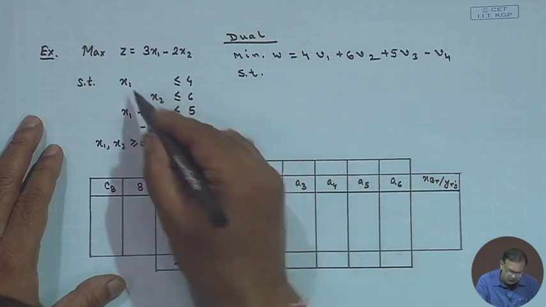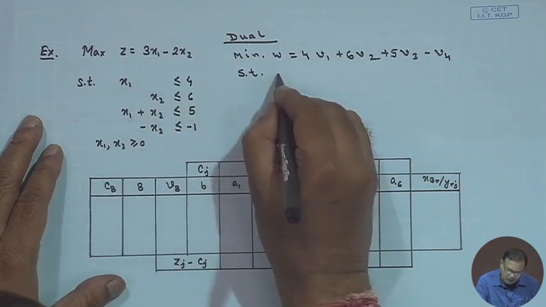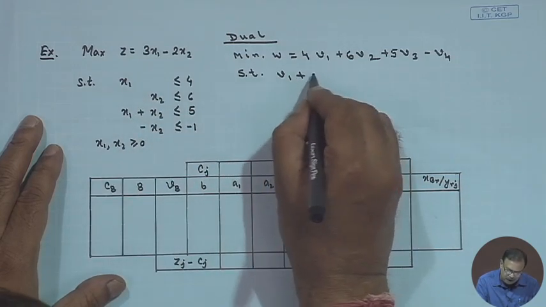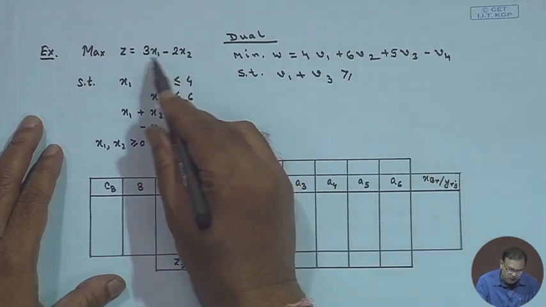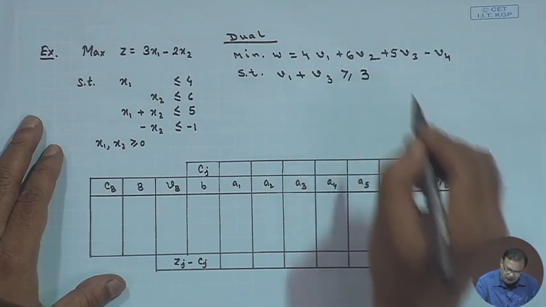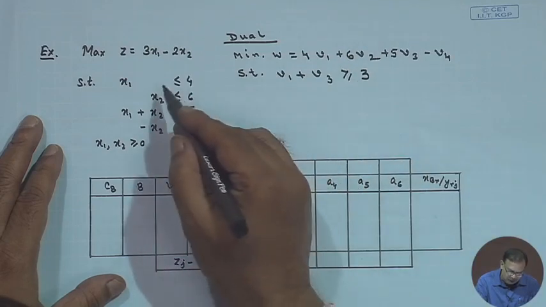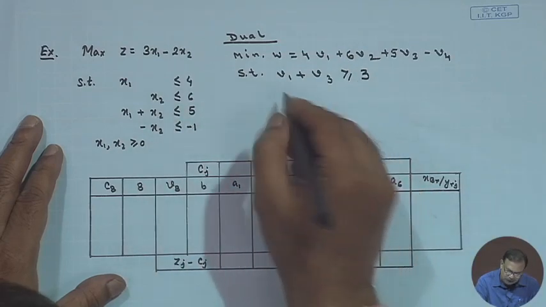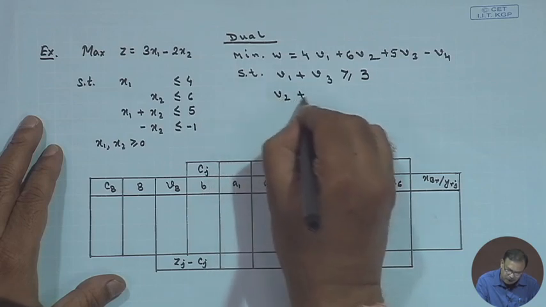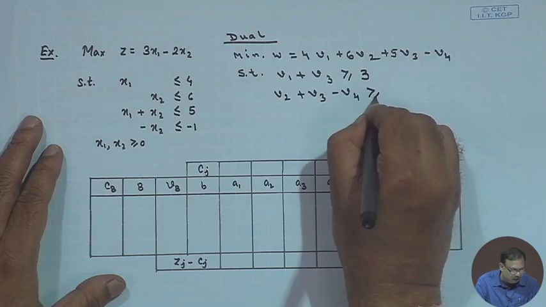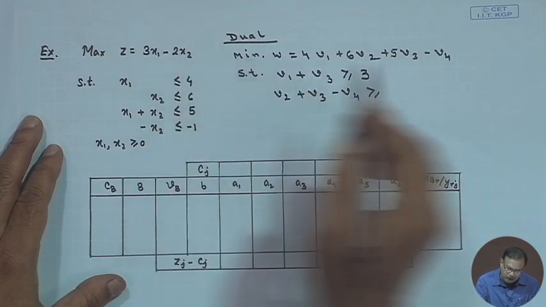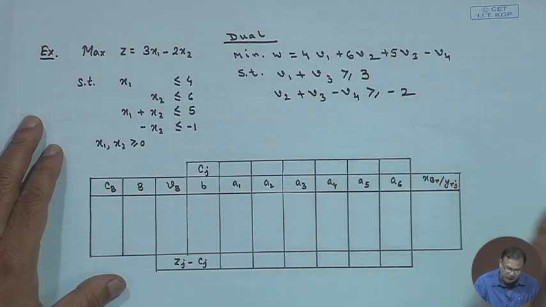v 1 plus v 3, this is greater than equals the coefficient of x 1 in the objective function, that is 3, then v 2 plus v 3 minus v 4, this is greater than equals the coefficient of x 2 in the objective function, that is minus 2.